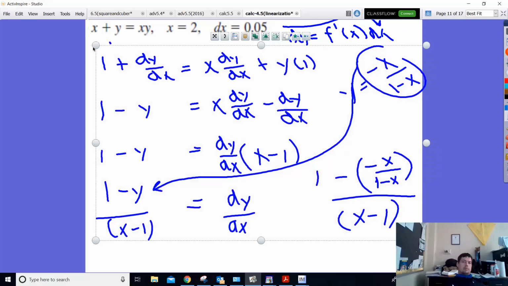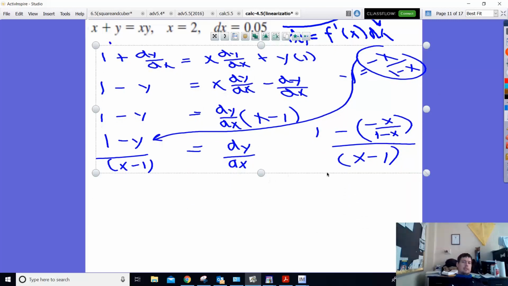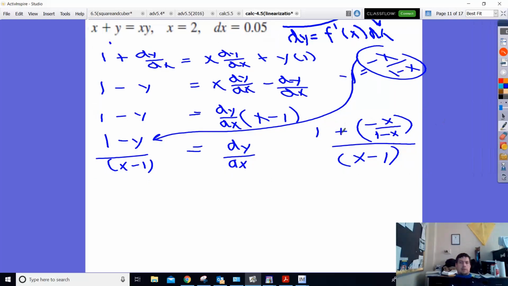So I have a hunch that one of them's wrong, but we'll see. So I see minus a negative, that may as well be plus a positive. Don't you have to put those fractions together? You have 1 over 1 plus x over 1 minus x.